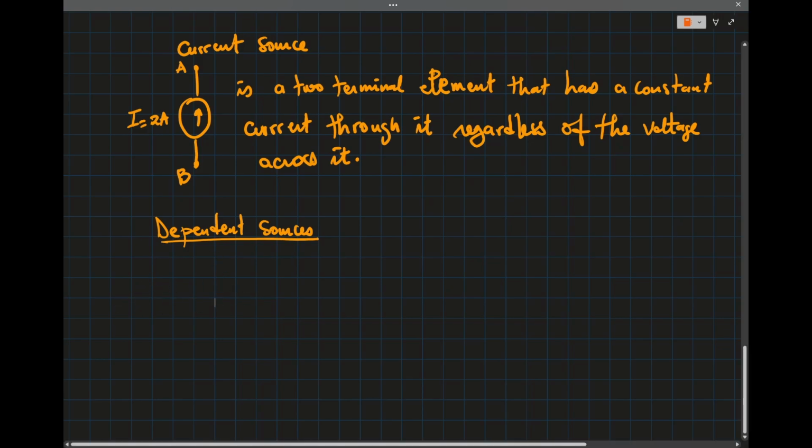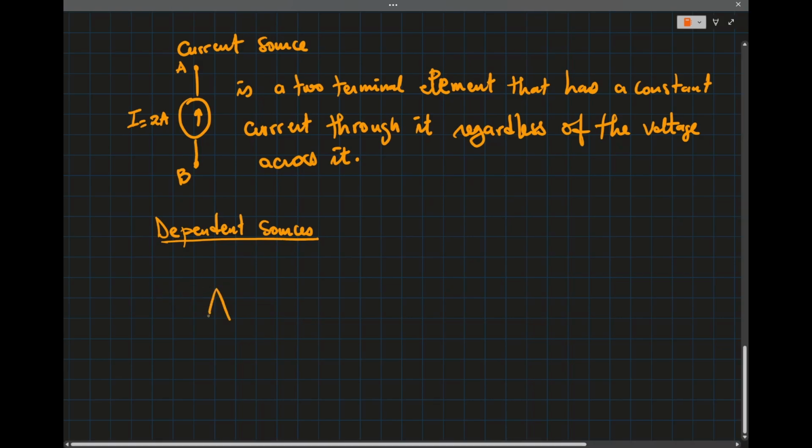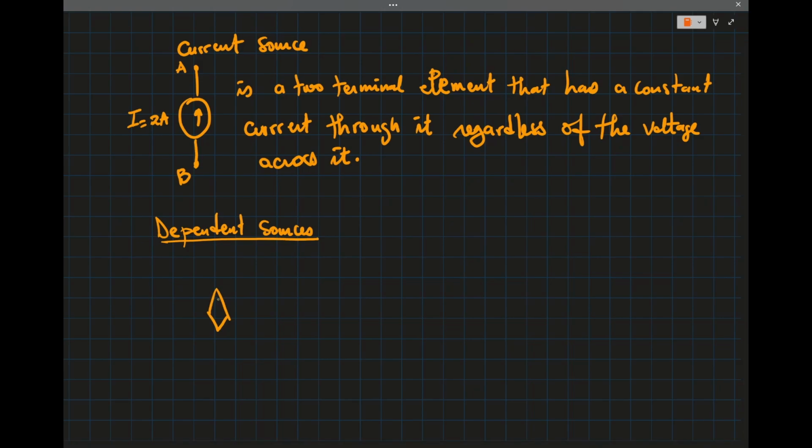So voltage control voltage source is given by, so this is a voltage source, and the voltage across this dependent source, right, this voltage, right? So when you see this diamond shape, right, that represents a source that depends on voltage or current somewhere in the network.